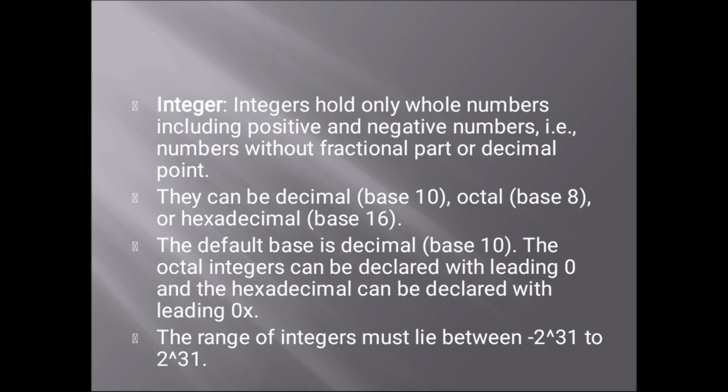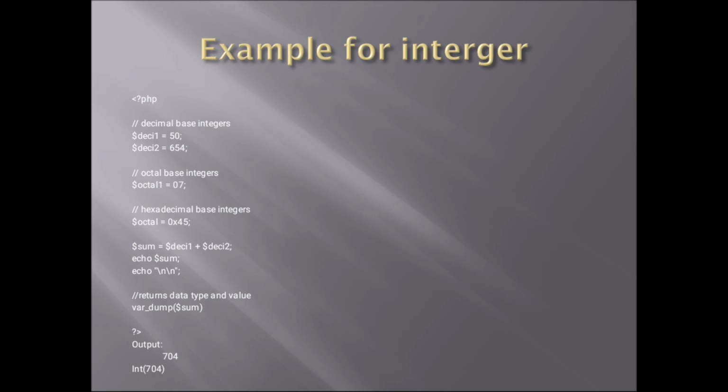The default base is decimal, the base 10. An octal integer is declared with a leading 0 and a hexadecimal with a leading 0x. The range of an integer must lie between positive and negative numbers.